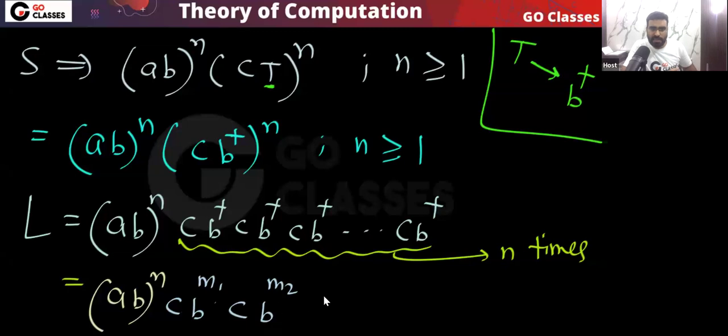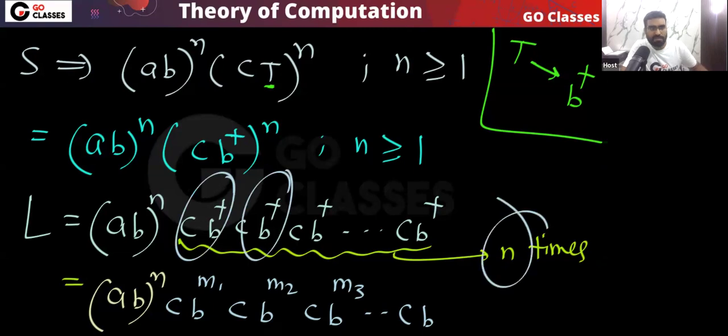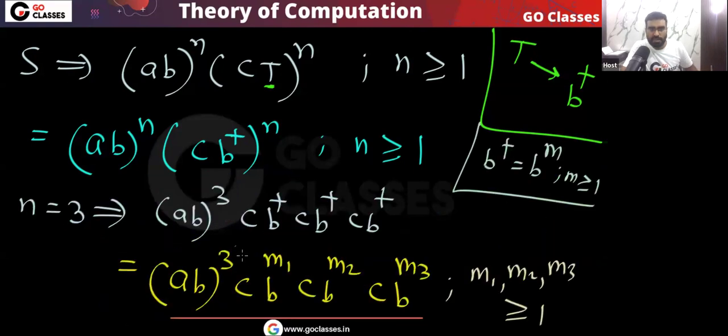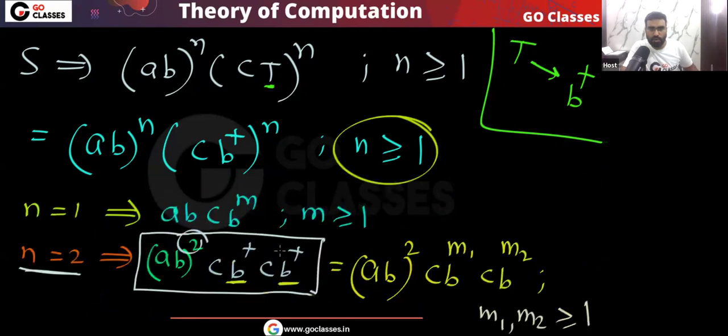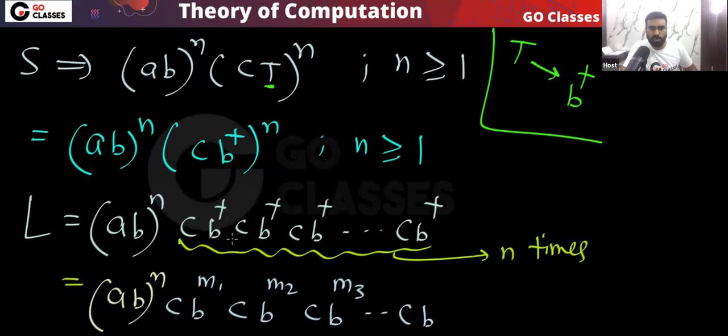So finally it is cb power m1, cb power m2, cb power m3, and so on. How many? We have n of these. If you have 3 here, then m3. If you have 2 here, then m2. Till how many times will we go?